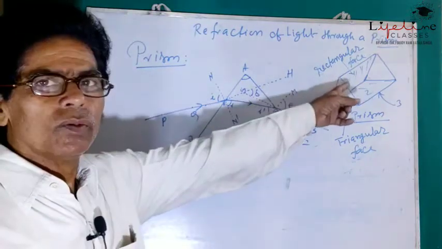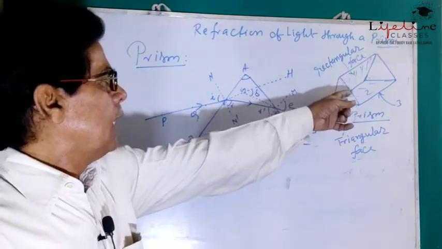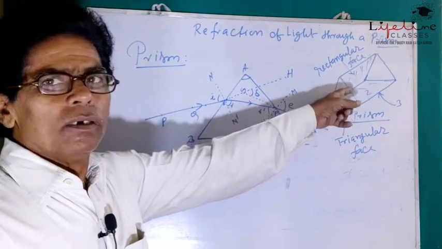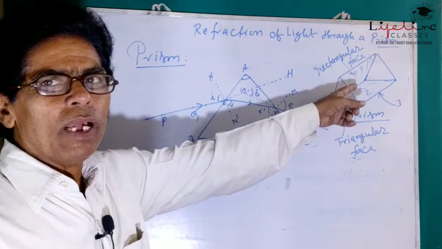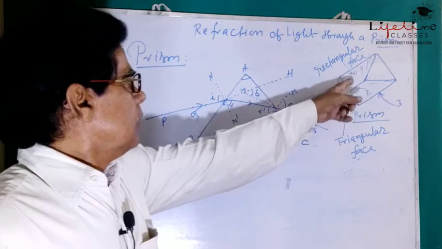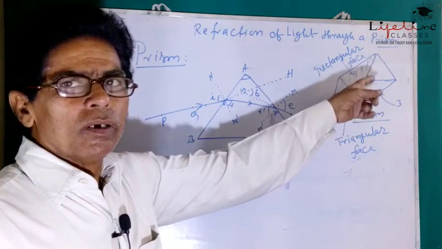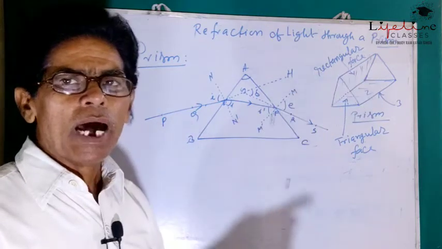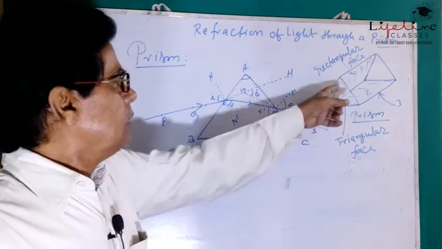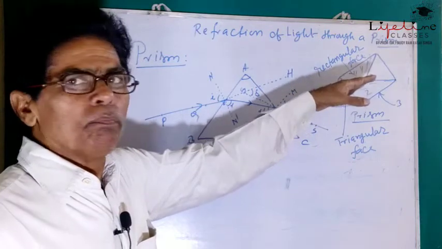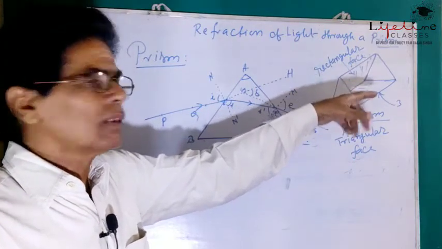See here, this is an outline diagram of a prism. This prism is actually made up of glass and composed of three rectangular plane faces.